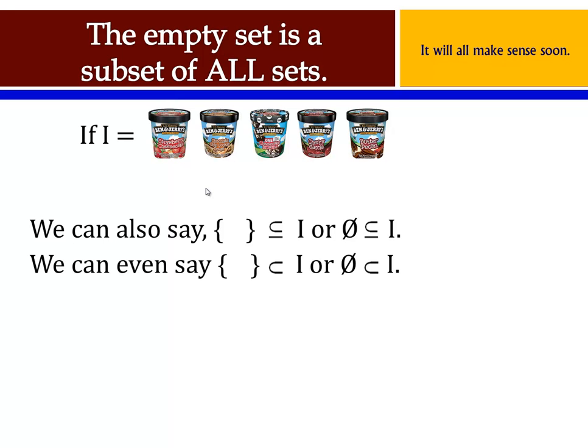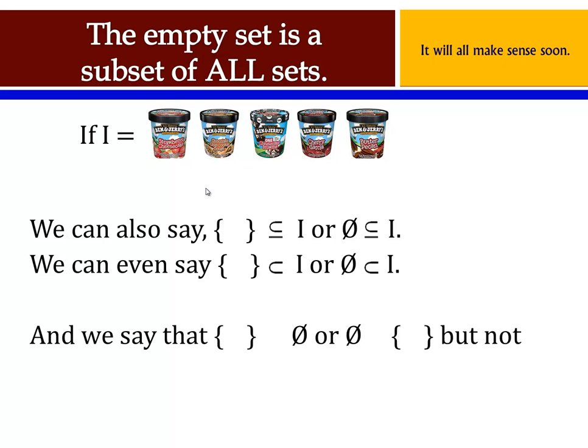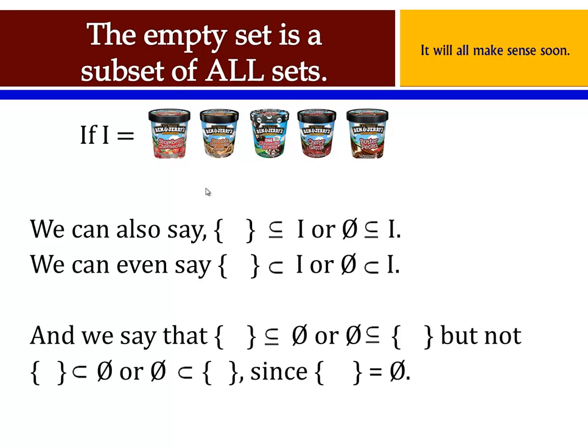We can even say that the empty set is a proper subset of this set I of the 5 flavors, or that the null set is a proper subset of this set I, because it's certainly not identical to the original set I. Now, we can say that the empty set is a subset of the null set, or the null set is a subset of the empty set, but we can't say that they are proper subsets of each other because they're equal to each other.